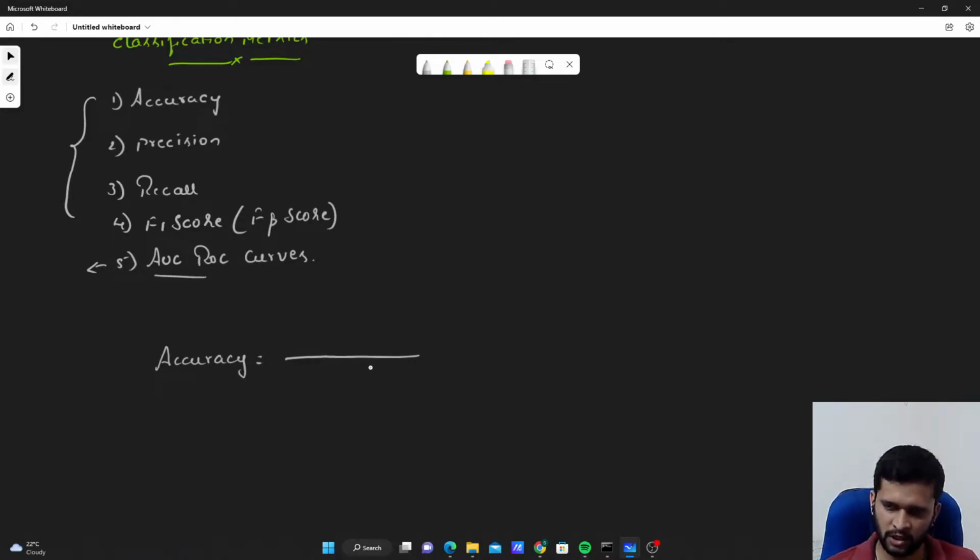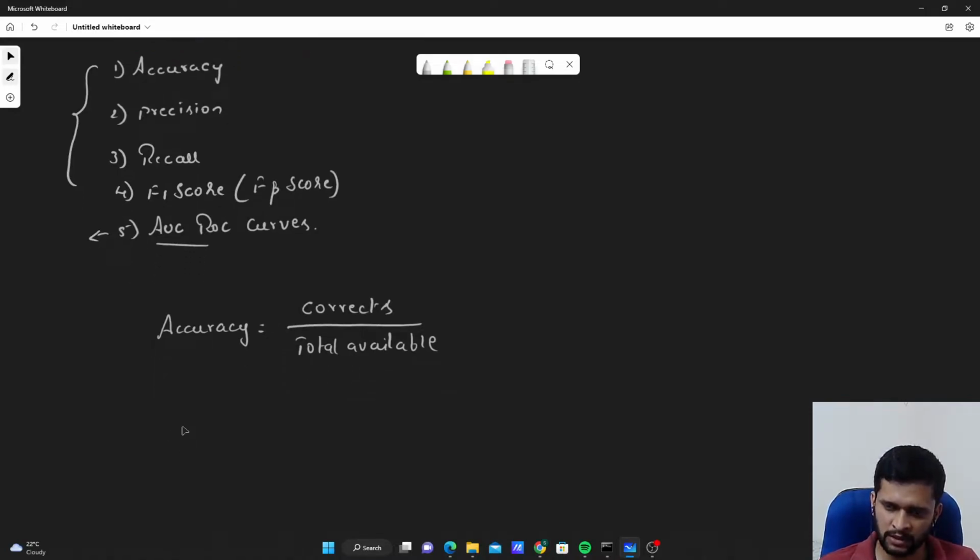So in general mathematics, we can say how many things we have got correctly. So corrects divided by total available. Correct. So this is a more general way to measure our accuracy. When it comes to machine learning, the accuracy has a different formula, but the concept remains the same.